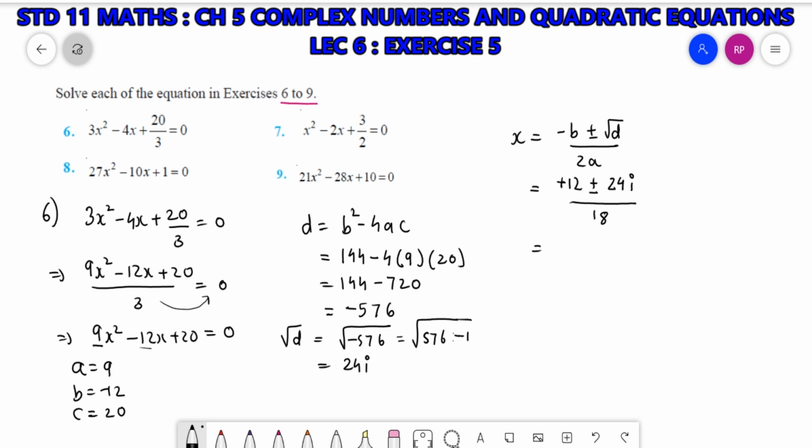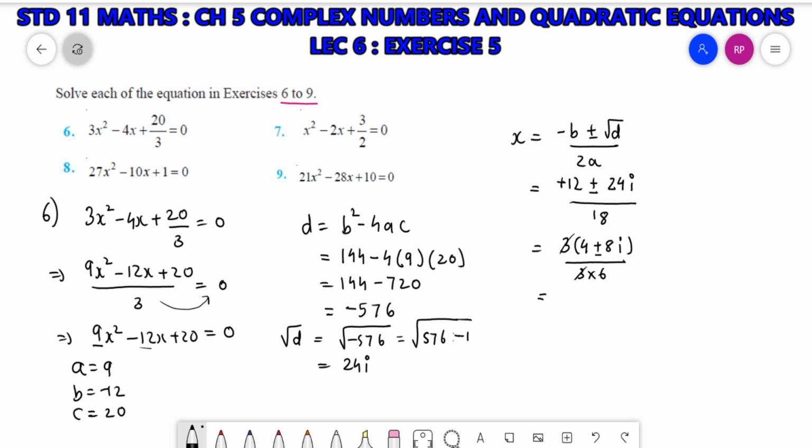So I can take 3 common, 4 plus or minus 8i upon 3 into 6. So 3 and 3 get cancelled. Clear?